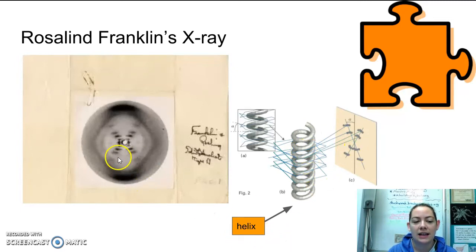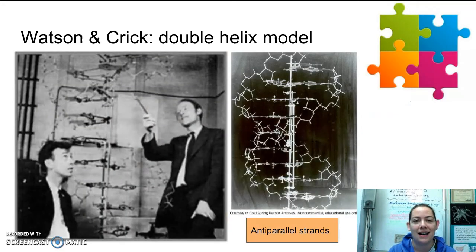So she saw this X-ray pattern, and she knew that DNA had to have a helix shape. And then there were two other guys working on trying to figure out the structure of DNA at the same time, and they put lots of different models together, and none of them worked right until they saw this X-ray picture, and then they knew, aha!